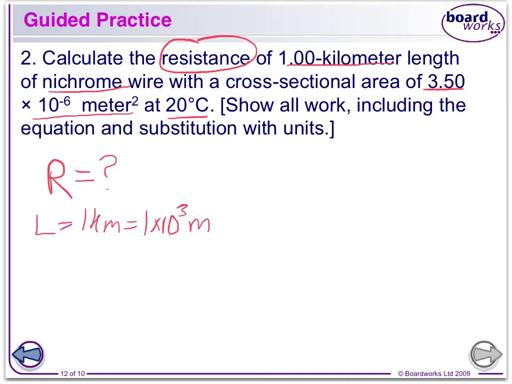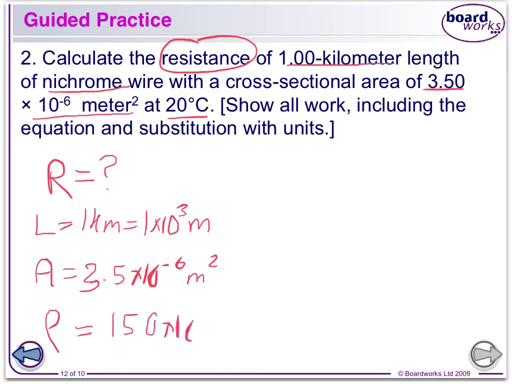We know that the cross-sectional area, A, is equal to 3.5 times 10 to the negative 6 meters squared. And going to a reference table, we find that rho for nichrome is equal to 150 times 10 to the negative 8.